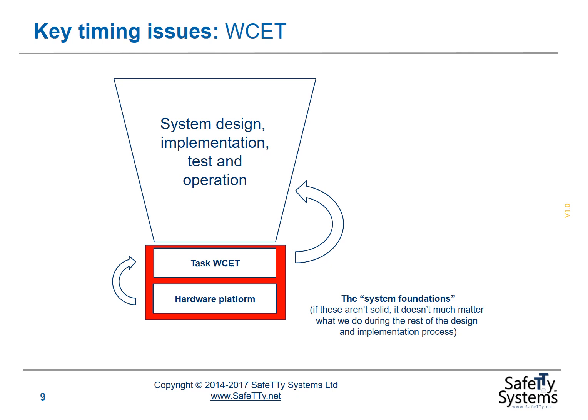If the hardware platform is unreliable or our task worst case execution time information is incorrect, it doesn't really matter what we do with the rest of the design. It's going to be very difficult to create a reliable system. So we'll look at some techniques in later videos that allow us to measure the worst case execution time of our tasks precisely.